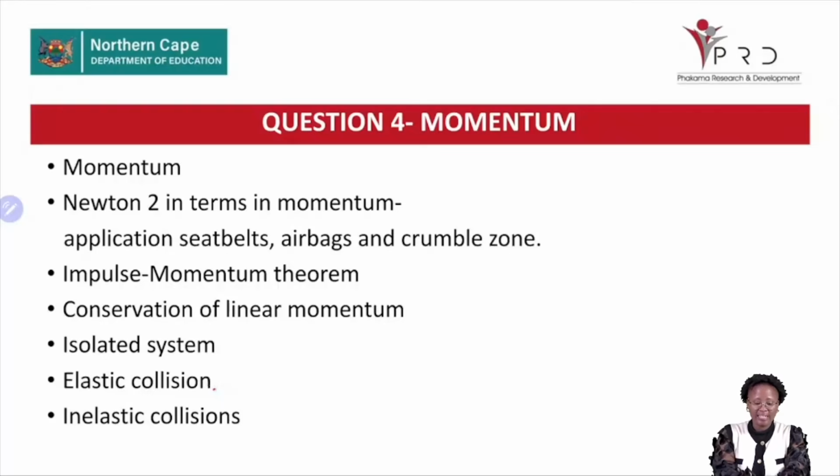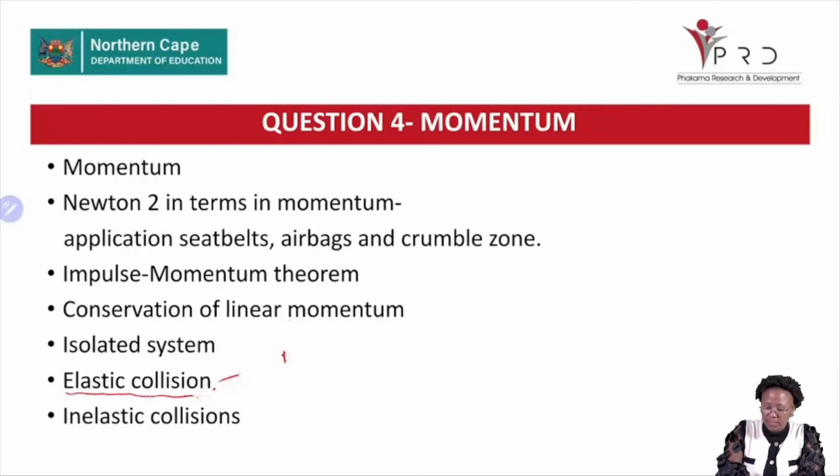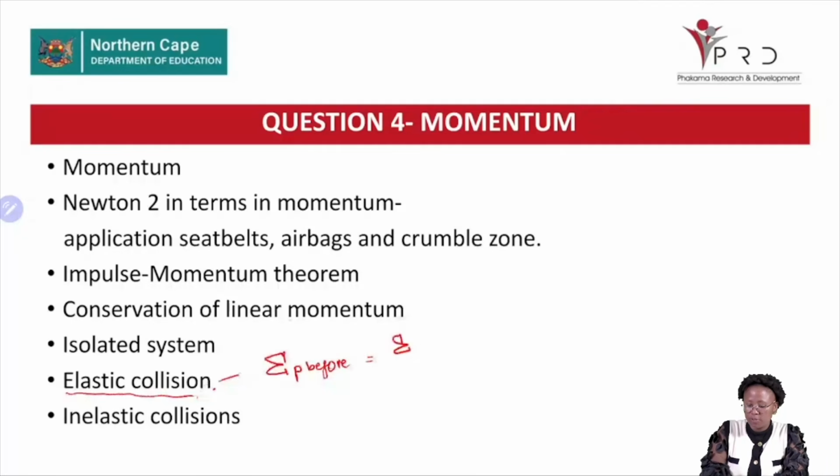Right. Then the other definition that you need to know is elastic collision. Remember, under elastic collision, the total momentum before and after collision is conserved, and the total kinetic energy before and after collision is also conserved. So basically, we are saying the sum of the momentum before the collision is still equal to the sum of the momentum after the collision.